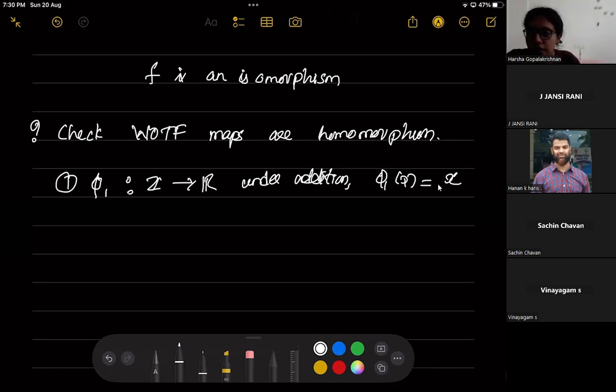This is a very simple question. Is this a homomorphism or not?